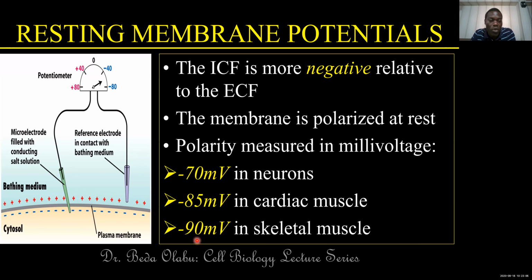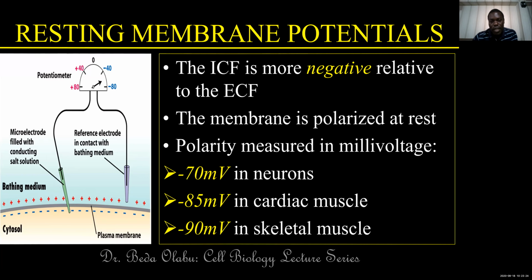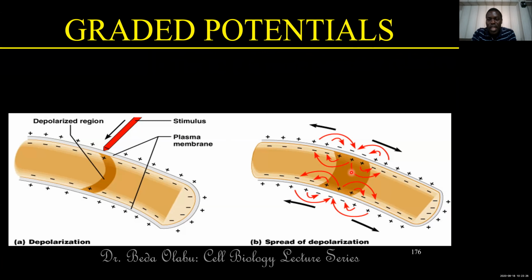Maybe the other thing I forgot to tell you is that all cells, as long as they're alive, will have a resting membrane potential. But the measurements I've given you are just for these 3 types of cells. Right. We are done with resting membrane potentials.